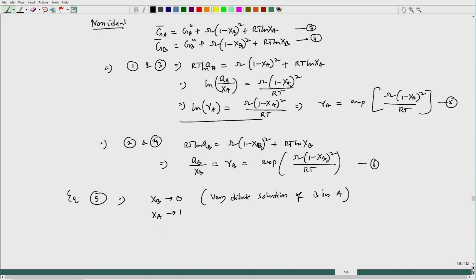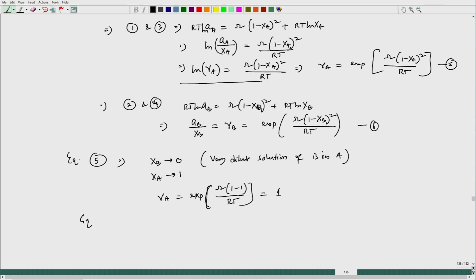So, if I write that, then γA should be equal to exponential of ω(1 − 1)² divided by RT, which is equal to 1.